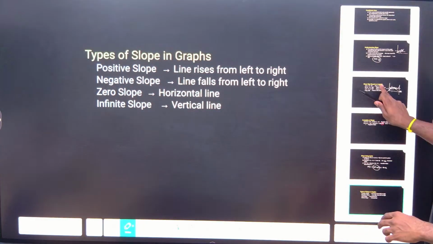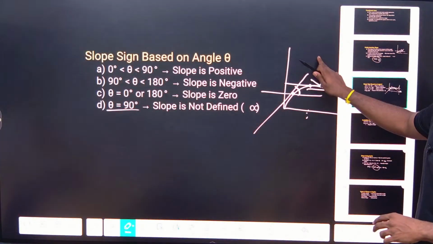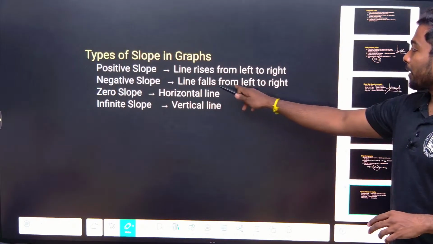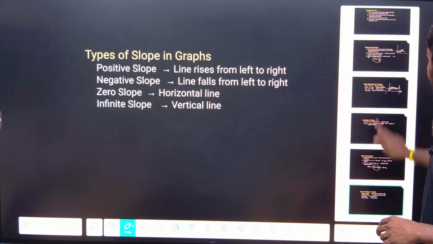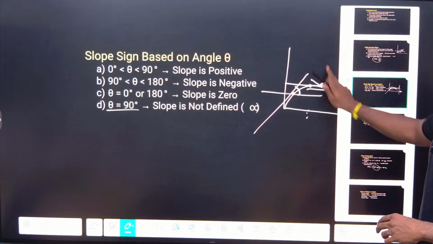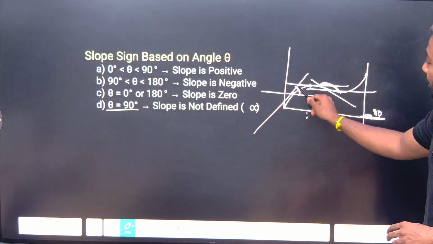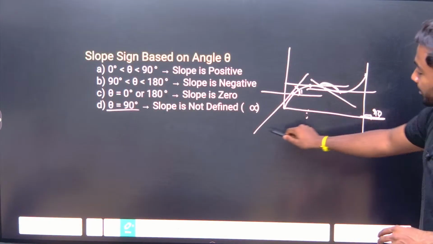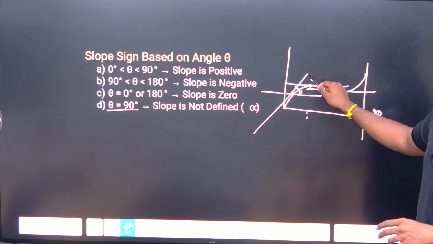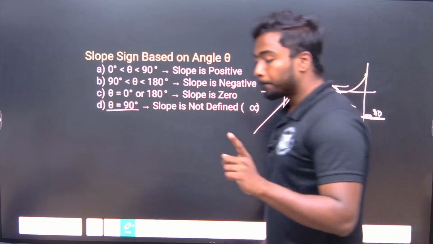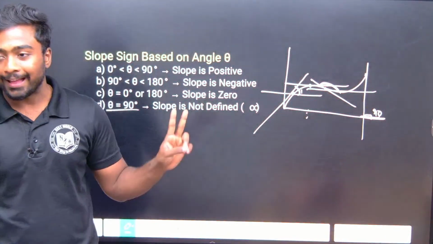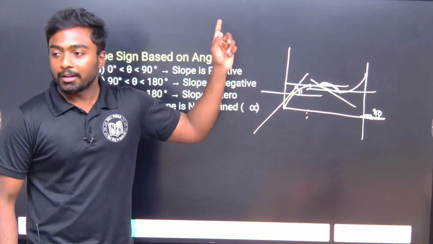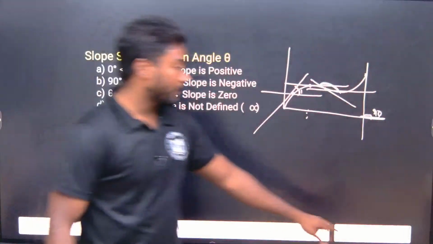Here we have seen it rising from left to right. Again, when the line falls from left to right, it is negative. Positive means acute angle, negative means obtuse angle. So when a line or a tangent rises from left to right, it is positive, and falling from left to right, it is negative.